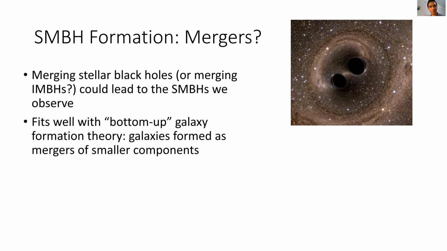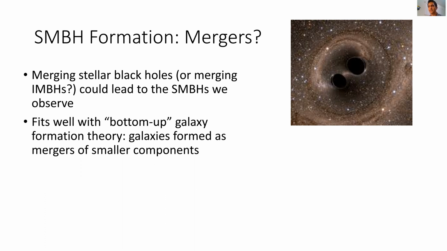This fits well with one of the theories of galaxy formation, called the bottom-up theory. It says that galaxies themselves formed as mergers of smaller component galaxies. So a galaxy as we think of it, like the Milky Way, may be the result of four galaxy fragments all being attracted to each other by gravity, and then over a long merger process, it became the single galaxy that we see today.